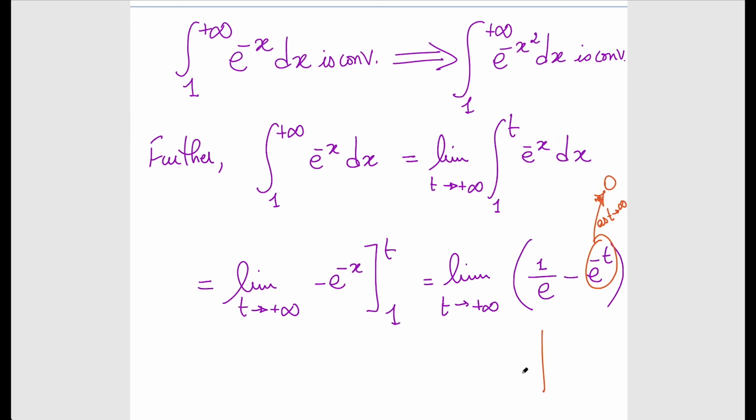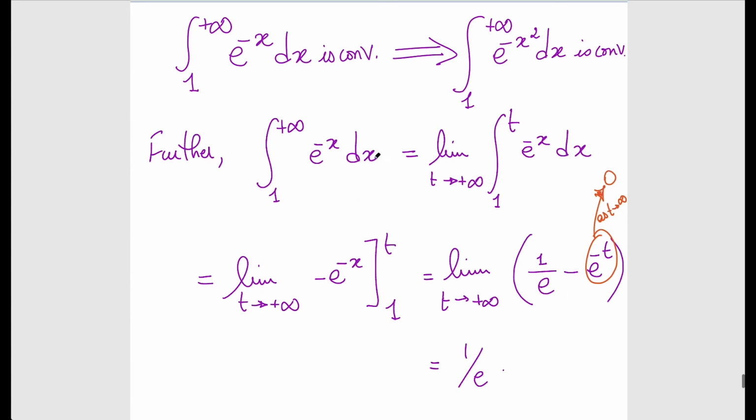Because this is how you graph e to power negative x, and as t goes to infinity, as you are progressing into the future, the values of the function become closer and closer to 0. So the limit becomes simply 1 over e, because this goes to 0.